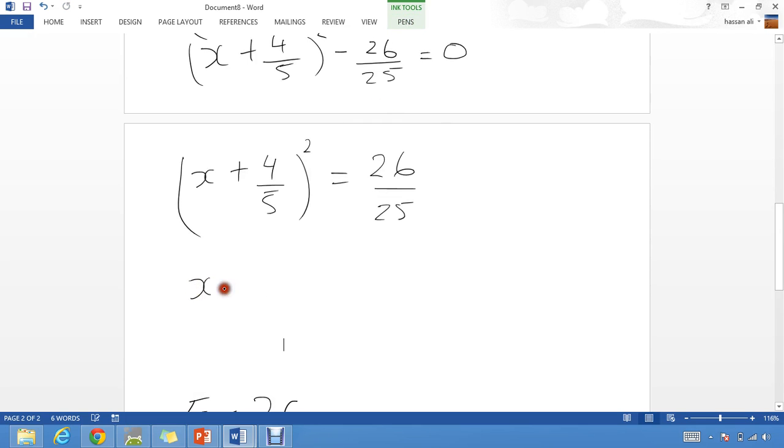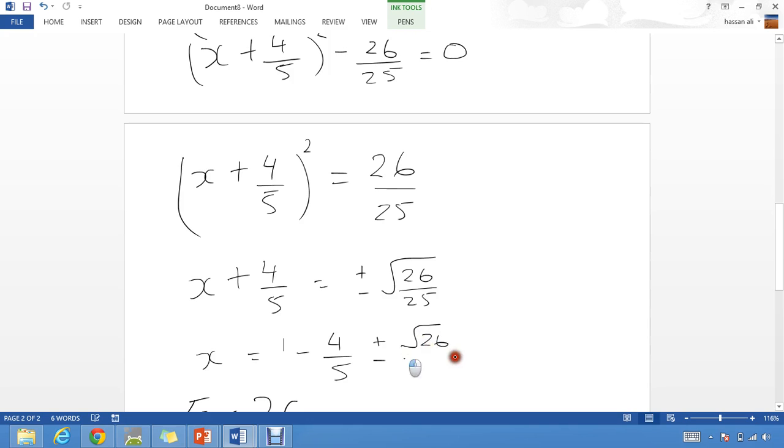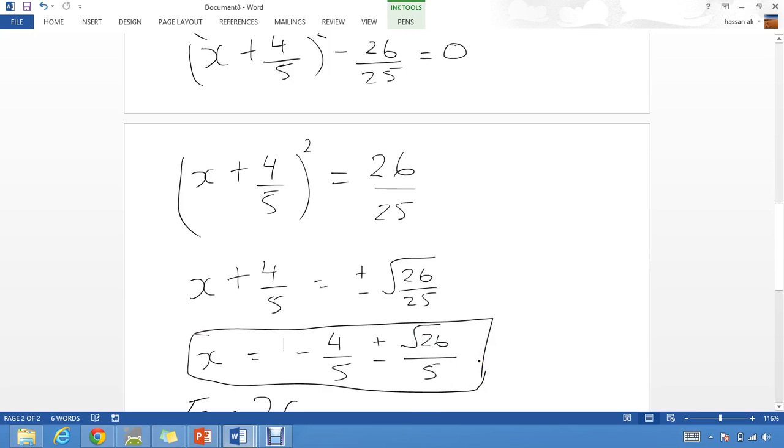So now you go plus or minus square root of 26 over 5, and then you take that across. Remember, square root of 25 will be 5, so you've only got that left, and then that will be your final answer.